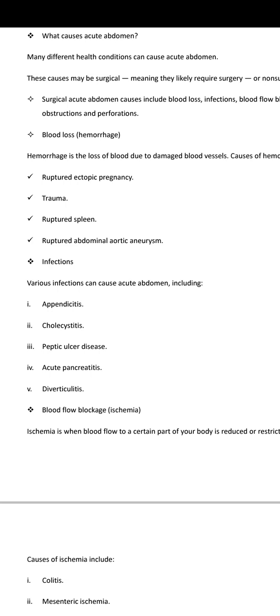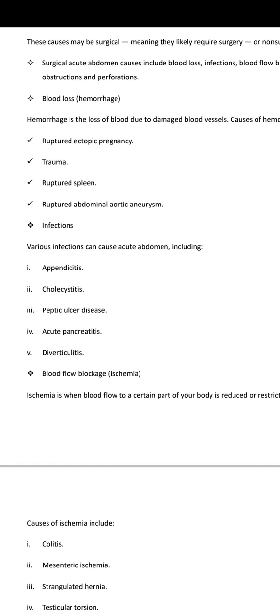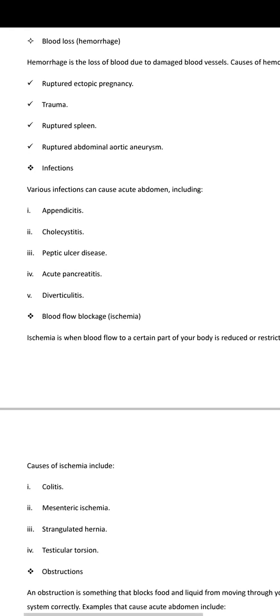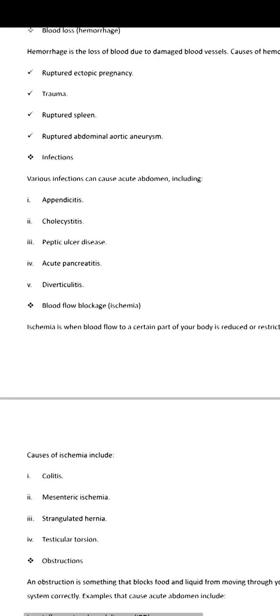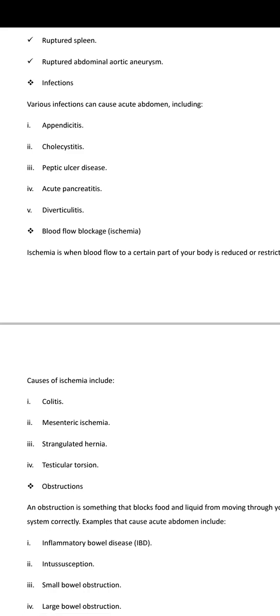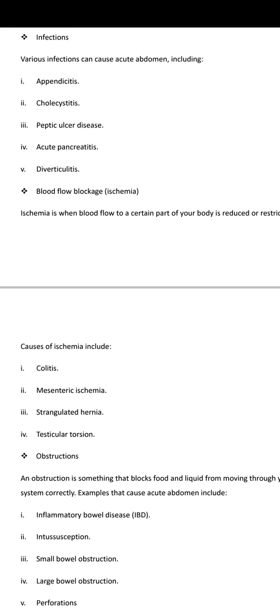We also said acute abdomen can be caused by blockage to the flow to a visceral organ. Some of the causes of acute abdomen due to blockage include colitis, mesenteric ischemia, and strangulated hernia. A hernia is a protrusion.